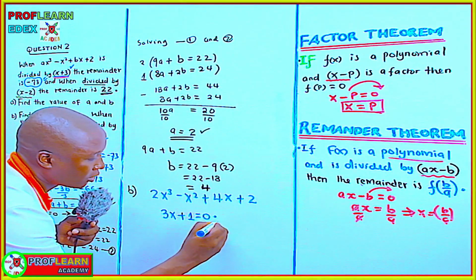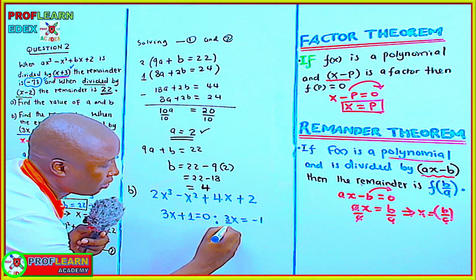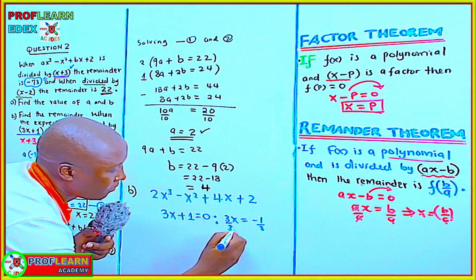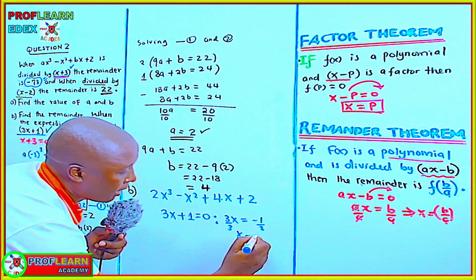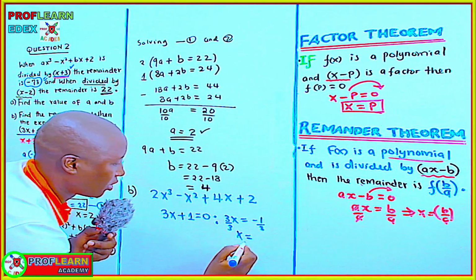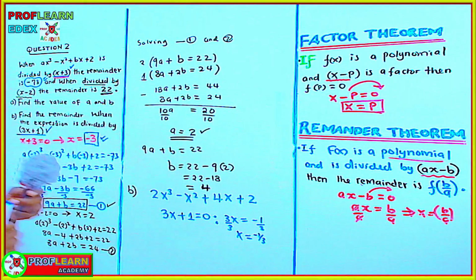So 3x is equal to negative 1, over 3 over 3. Our x in this case is going to be equivalent to minus 1 over 3.